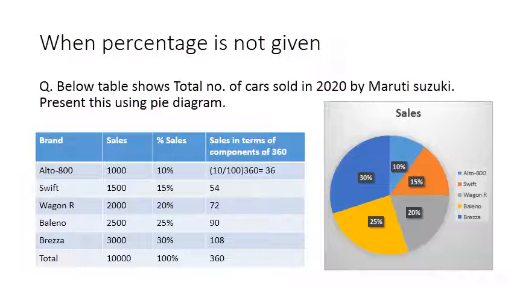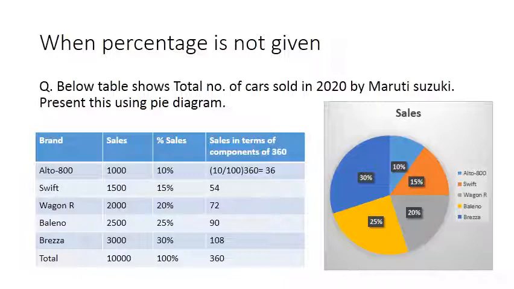How you can convert into percentage? 1000 out of 10,000 is 1000 divided by 10,000 into 100, then it will be 10%. 1500 divided by 10,000 into 100, it will be 15%. 2000 divided by 10,000, because out of 10,000 2000 are Wagoner, so you have to check the percentage of Wagoner. It will be 20%, 25% for Baleno, and 30% for Brezza.